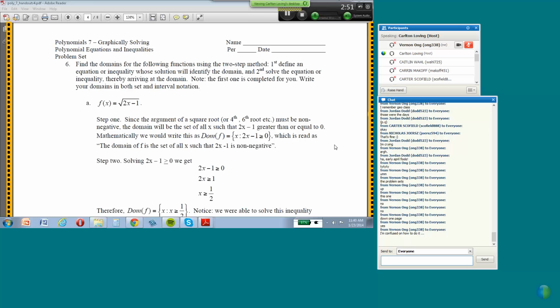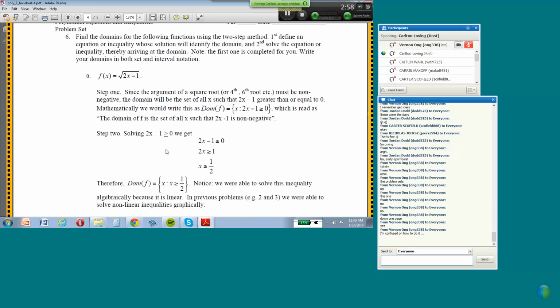Okay, so if we scroll down through A, they're basically saying, step 1, since the argument of a square root, or fourth or sixth, basically even, must be non-negative, the domain will be the set of all x such that 2x minus 1 is greater than or equal to 0.